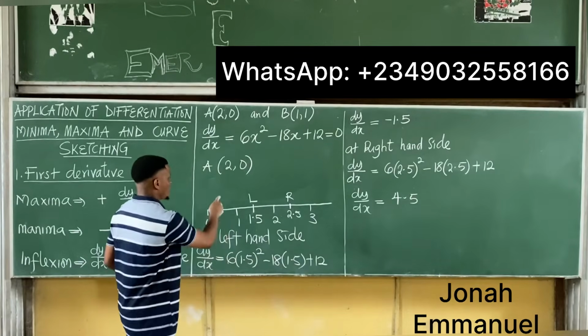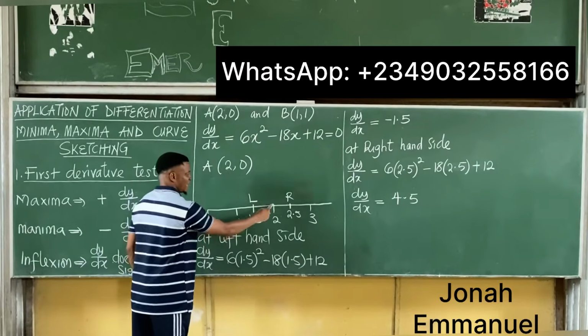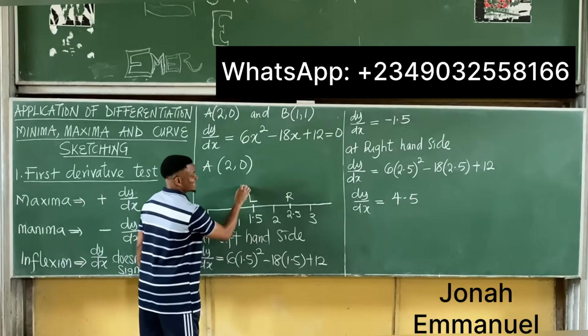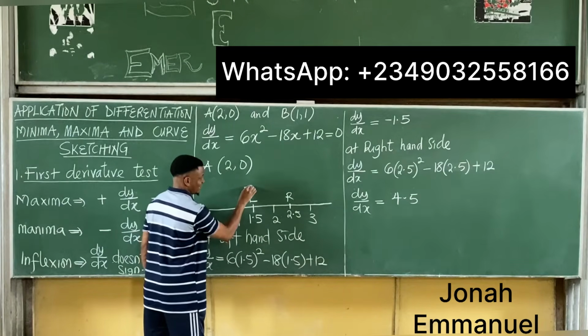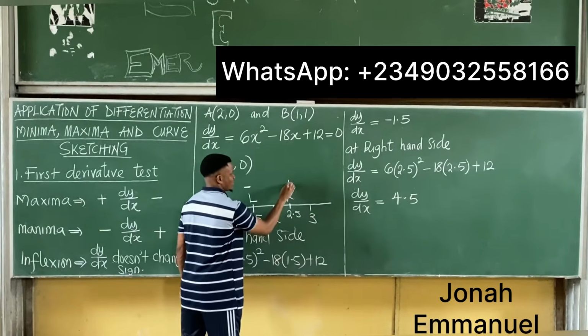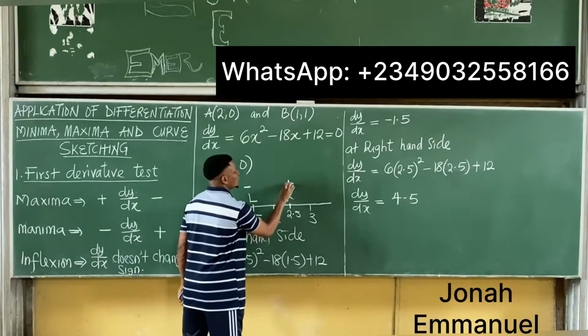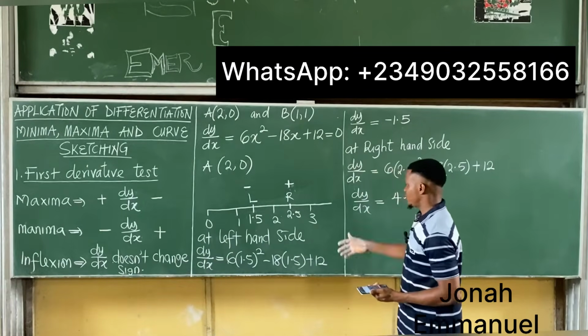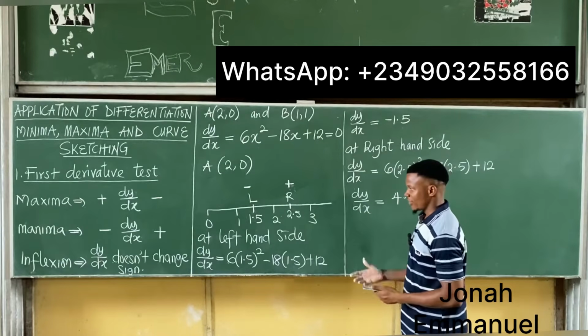Observe that at this point, 2, to my left-hand side, dy over dx was negative. To the right-hand side, dy over dx is positive. So with this condition, is this point a minima or a maxima?